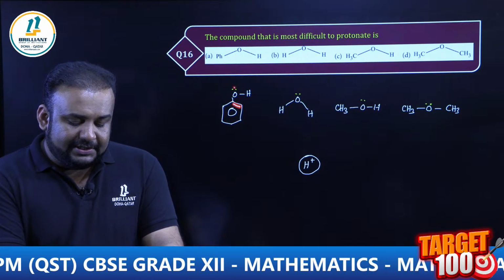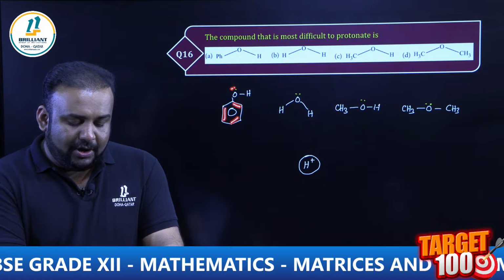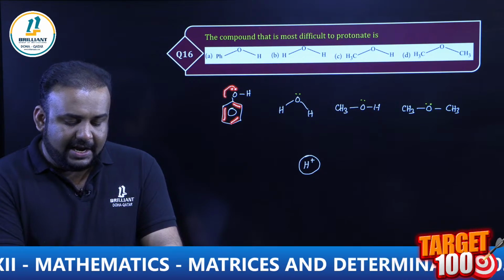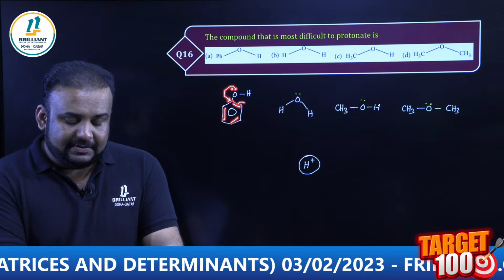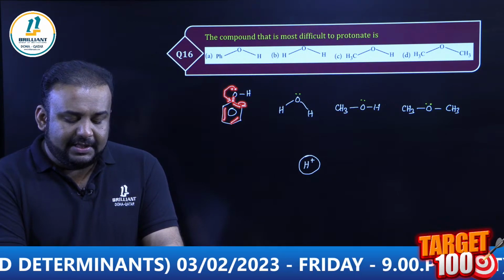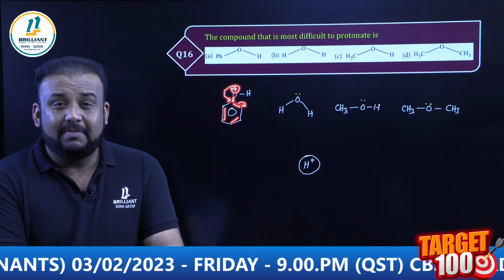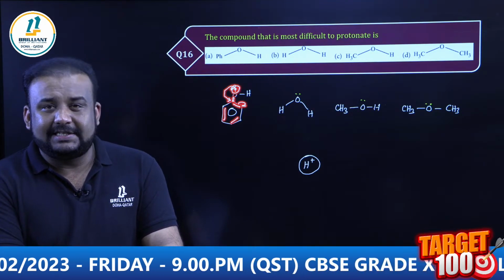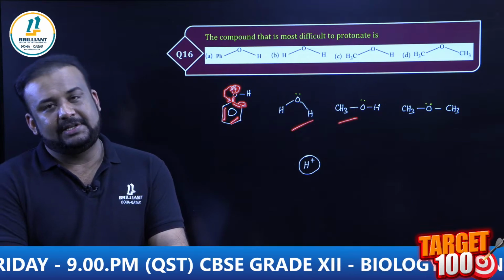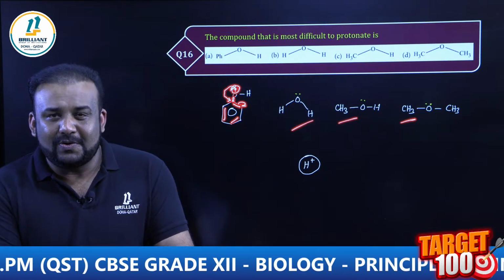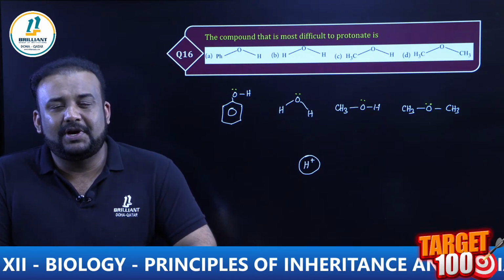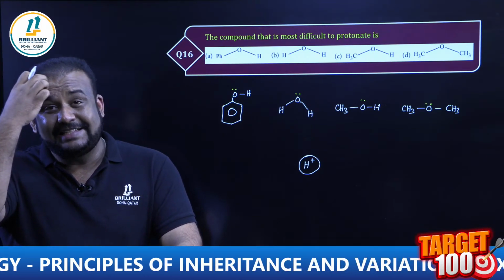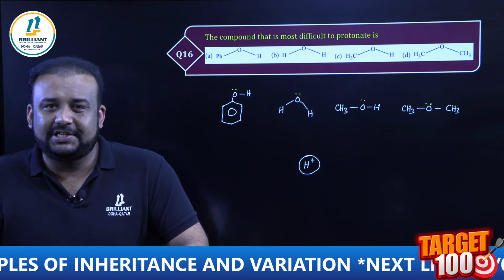It will undergo resonance. So this lone pair of electrons will be entering into resonance here, right? As a result, you will see that this oxygen's lone pair availability will be much lesser compared to all these three. Yes or no? So phenol is the substance which is having a hesitation to undergo protonation.